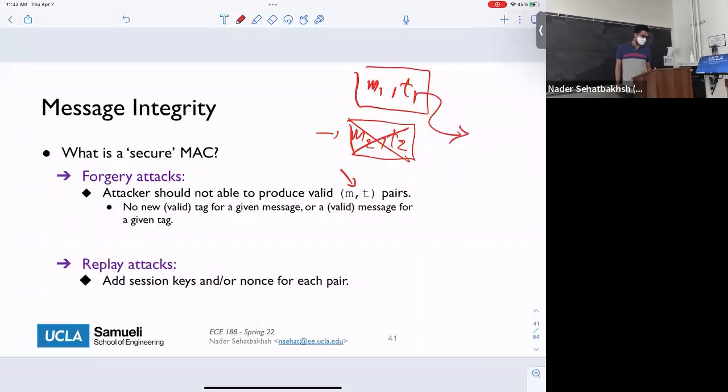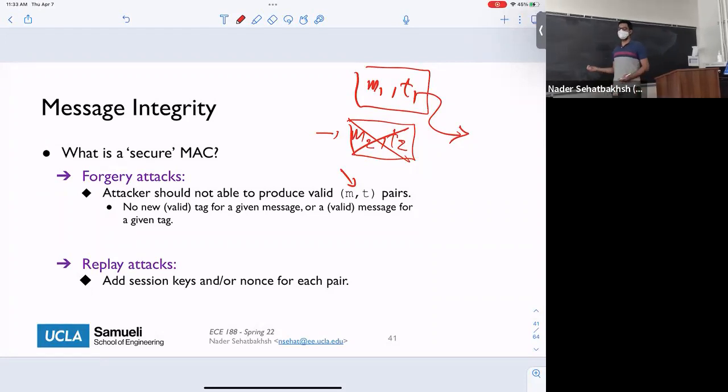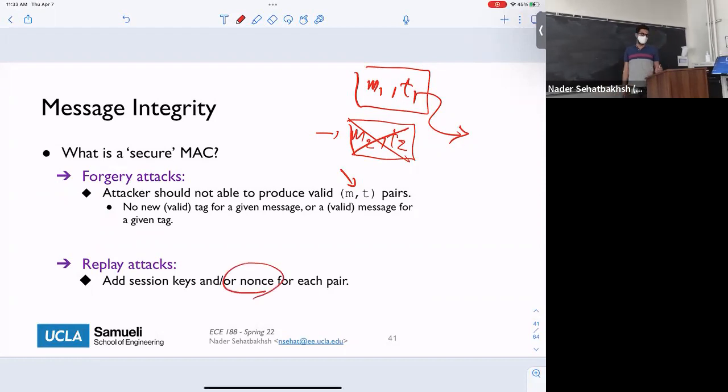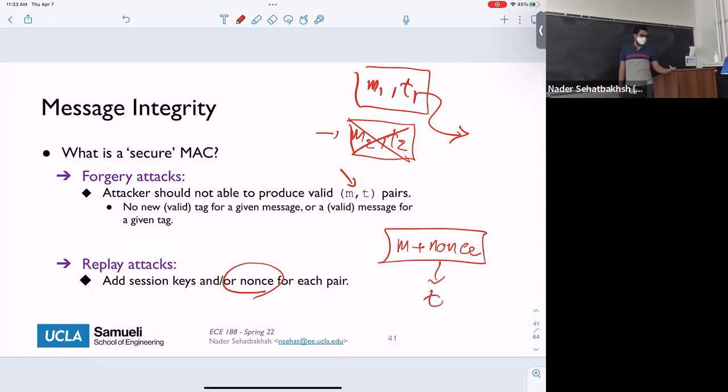We basically need to add, in a similar way to what we did for encryption, randomness or a nonce for each pair. So our message is not just a message; it's a message plus some nonce. And we compute the tag for this. The second time I send the exact same message, the message is the same, but the nonce is not the same, so the tag would be different.